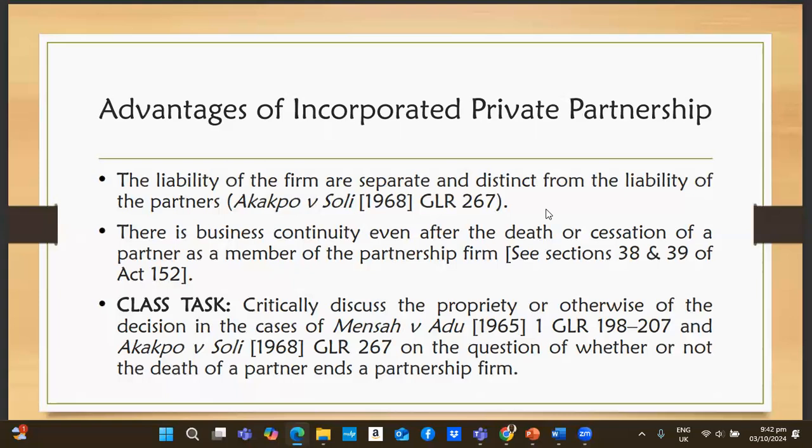Section 9 also talks about conversion of a company limited by shares to a company limited by guarantee.